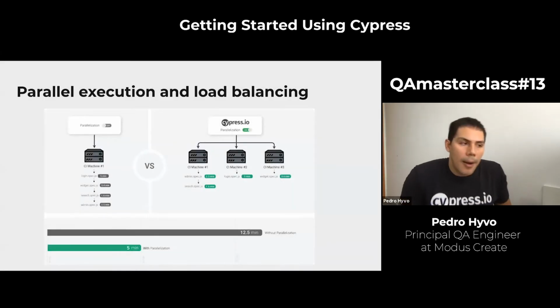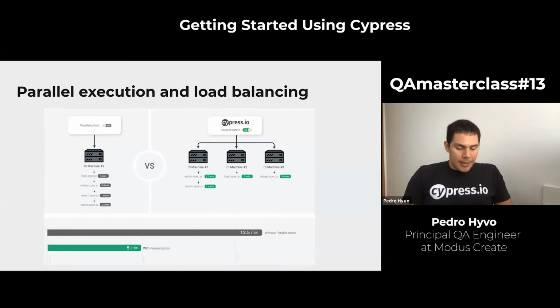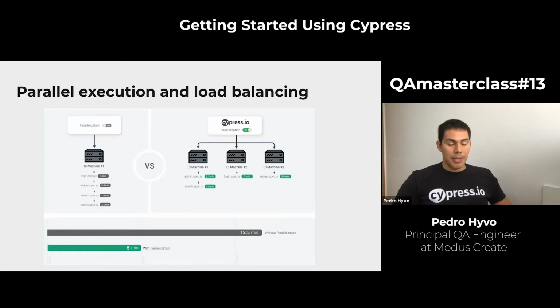So here is another good feature that Cypress dashboard provides to us. The parallelization. It reduces the test duration by running multiple test spec files simultaneously across available CI machines.